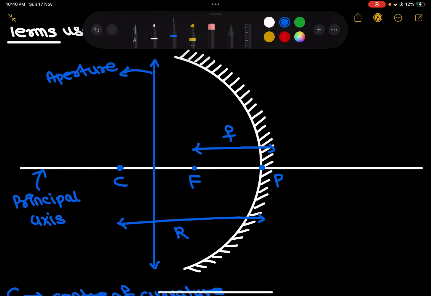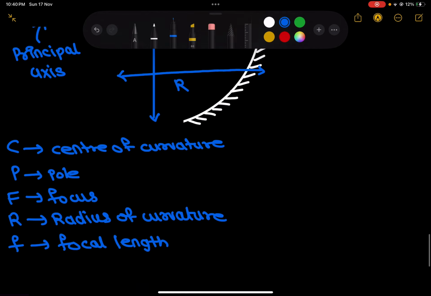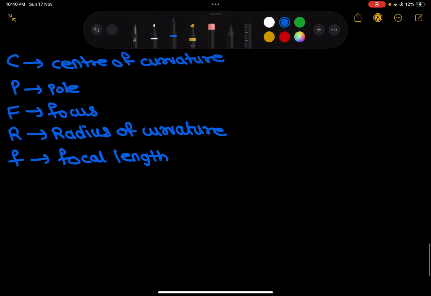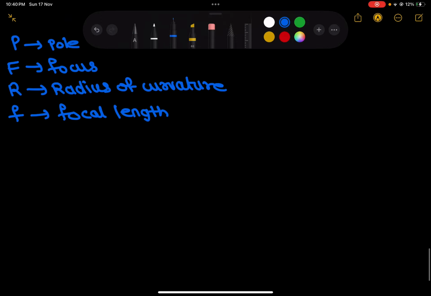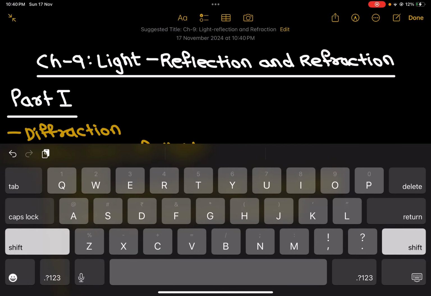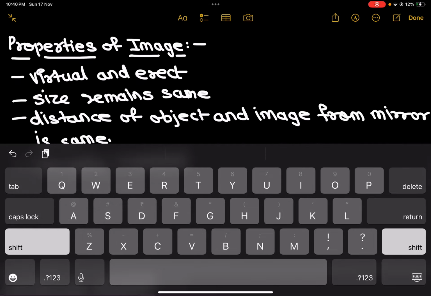It is basically like the diameter of the sphere from which the mirror has been derived. It is known as aperture. Okay, simple enough. Now I'll show you what focus is. It's a bit difficult to understand, so I have some diagrams ready. I'll just copy paste them here.